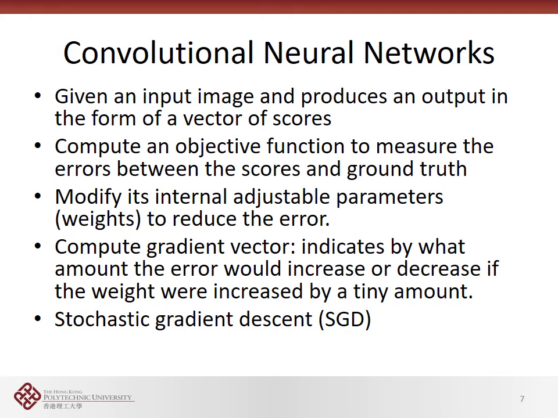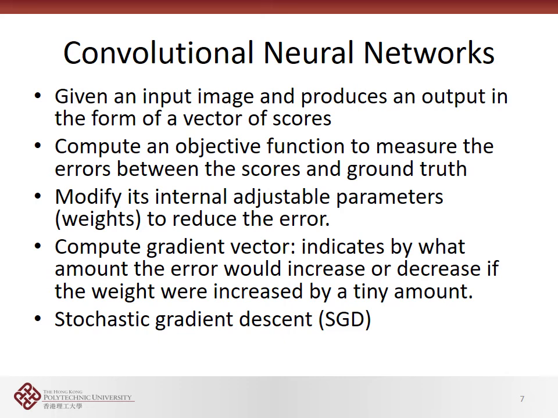We should first collect a large number of these images with different categories, and all these images are labeled by humans. So we use these labeled images to train the convolutional neural network.